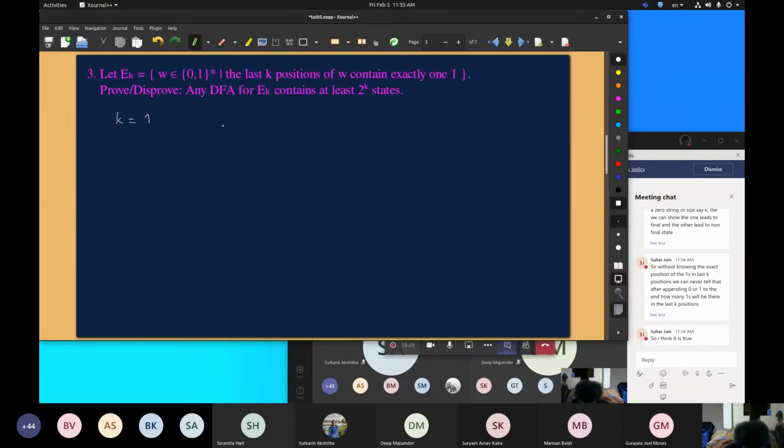But a one state DFA cannot accept this language. A one state DFA can accept either the empty language or the entire sigma star, right? So this is true. For k equal to 2, what should be the 2 power k based approach? Let's see.